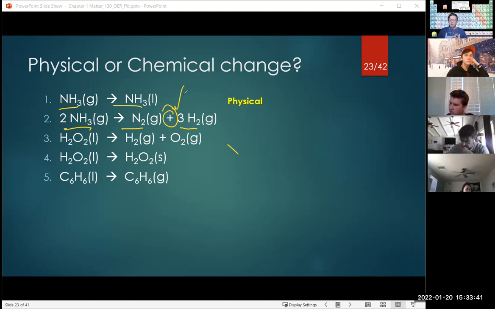It's a chemical process, okay? And sure enough, this is an example of a chemical process because I made 2 new products from my starting material, which was in this case one species, NH3, that's it.